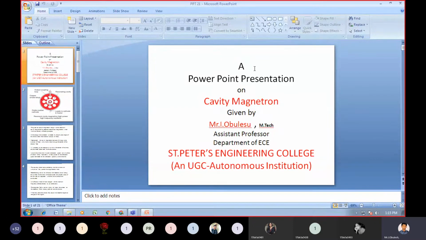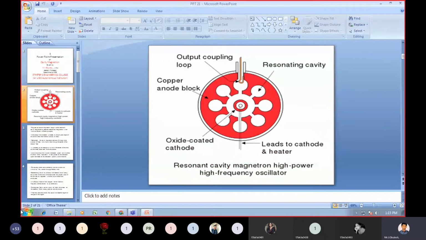You need to see the diagram. This is the resonant cavity magnetron, a high power, high frequency oscillator.